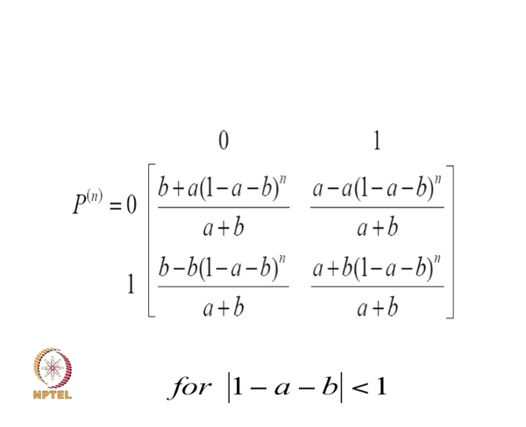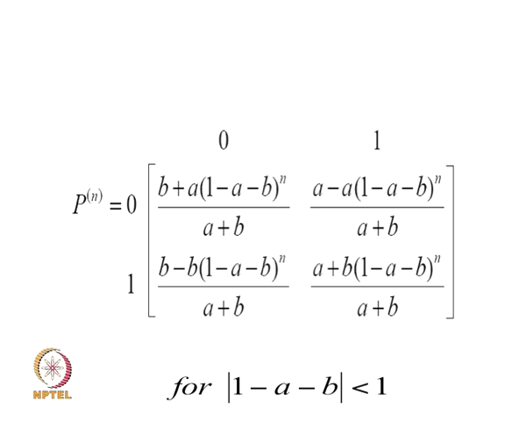Given P, you should find out P square, P cube. By induction you can find out P power n, and this is valid provided the absolute value of 1 minus a minus b is less than 1, because you are finding the P power n matrix.